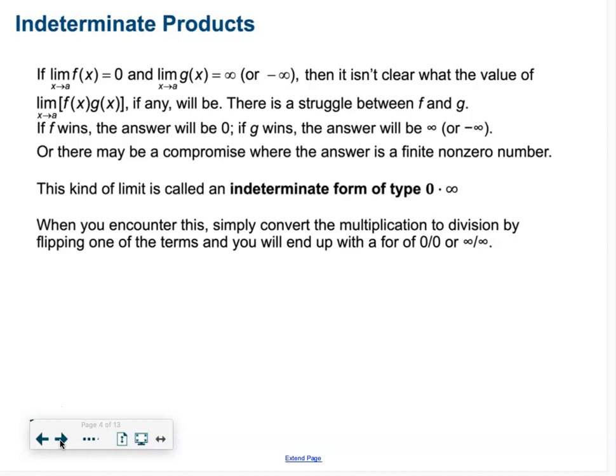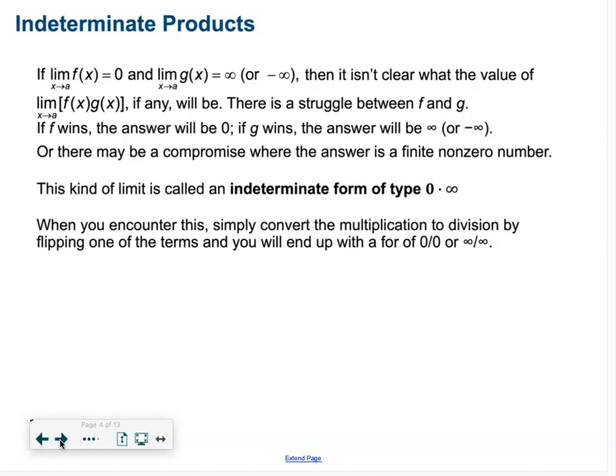All right. So the first one we're going to talk about is if you have 0 times infinity. Does 0 times infinity equal 0? Or does 0 times infinity equal infinity? Well, it all depends, because we're not talking literally about 0 times infinity. We're talking about the limit as something approaches 0 times the limit as something approaches infinity.